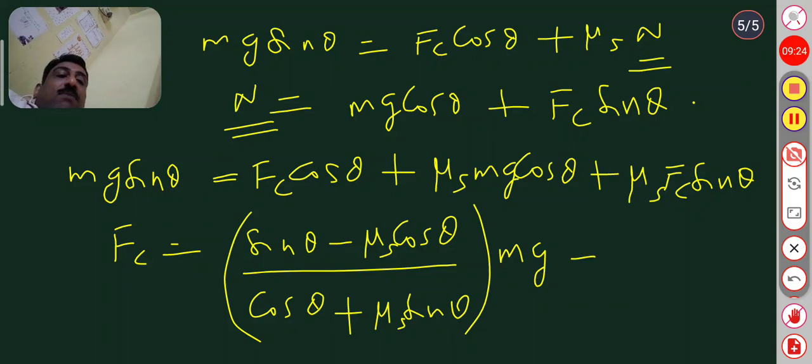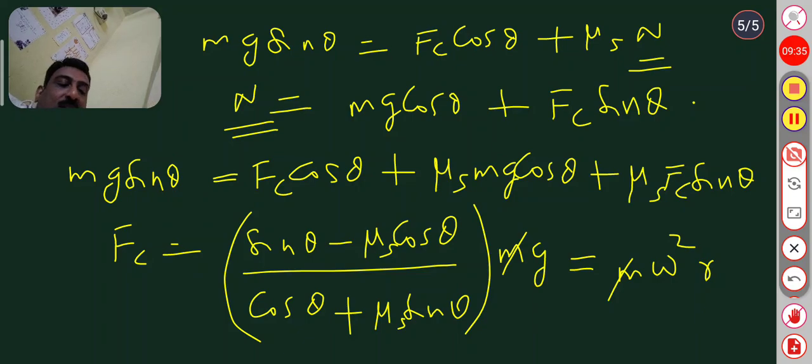And the centrifugal force, you know, is given by m omega square r, right? M and m will get cancelled, so you can just substitute the values here for sine theta and cos theta.